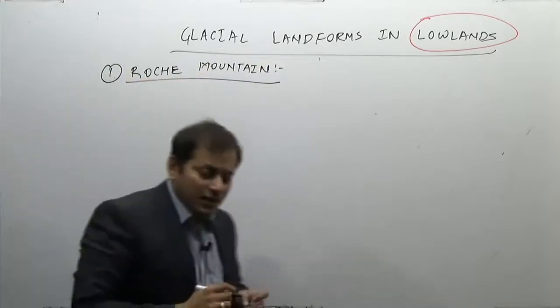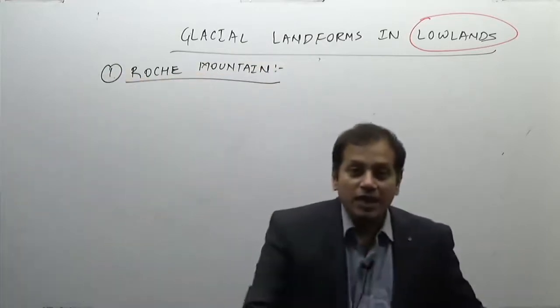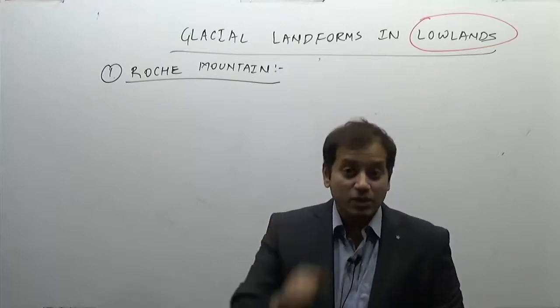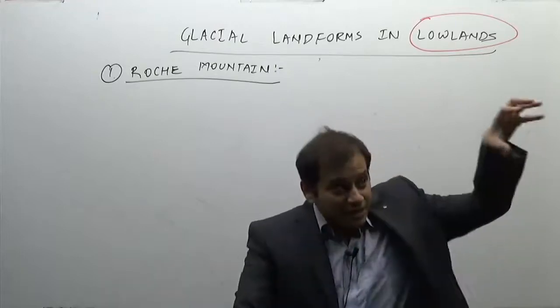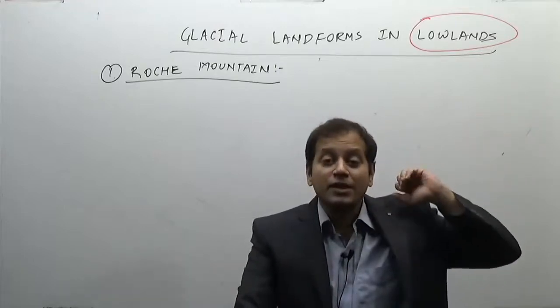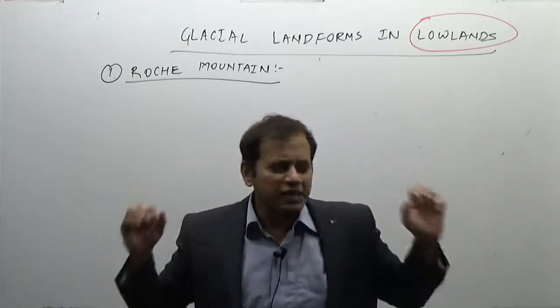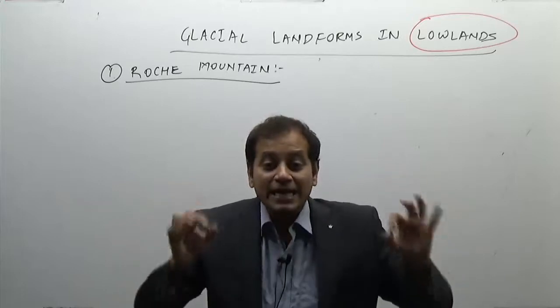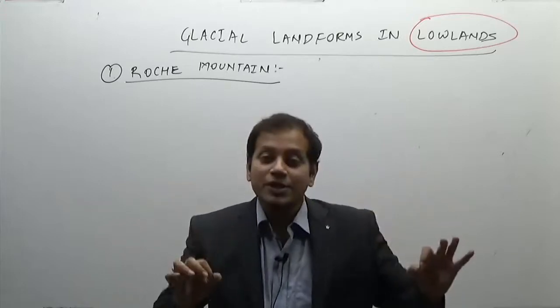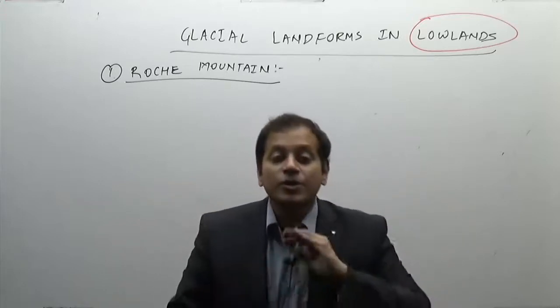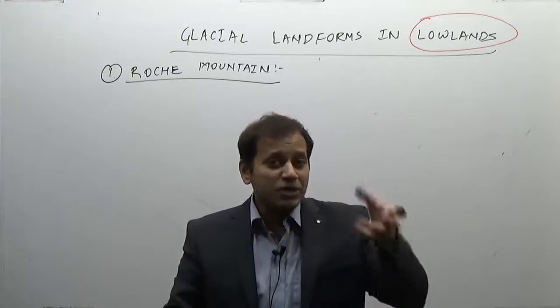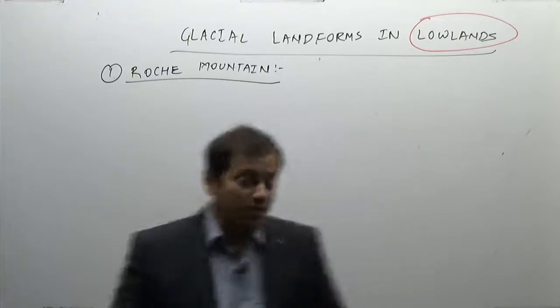This is a hard rock structure which was lying in the low-lying region, and when the glacier came into the lowlands, it lay in the path of the glacier. This very resistant rock was lying in the path, and therefore the glacier eroded it to give a peculiar shape to the topography known as a Roche Mountain.